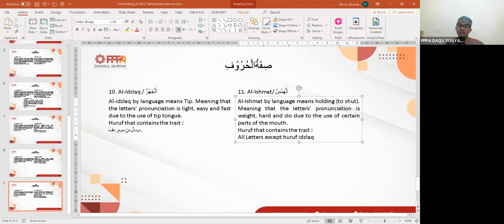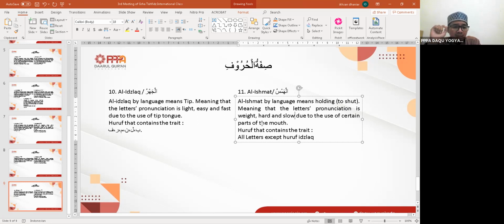due to the use of certain parts of the mouth. Like we have been discussing before, the five hardest huruf in huruf hijaiyah: sad, dad, ta, za. You have to use a certain part of your mouth. You have to put your tongue in a certain position, like putting your middle tongue to the palate, raising your base tongue to the palate.